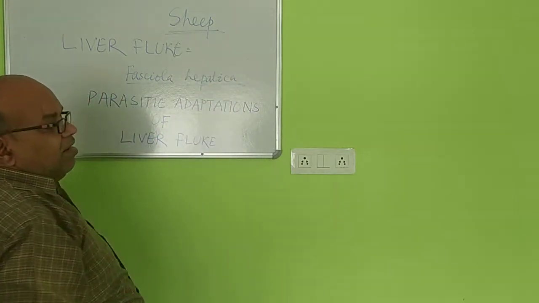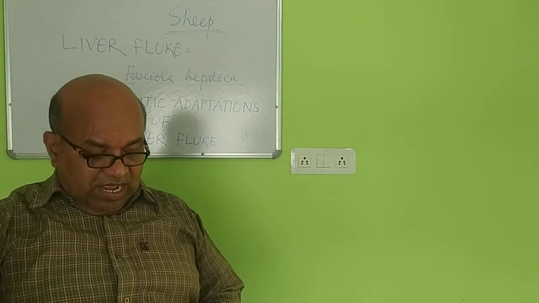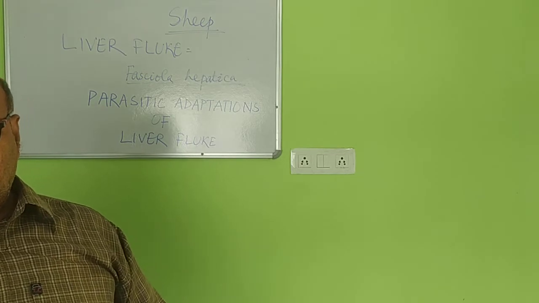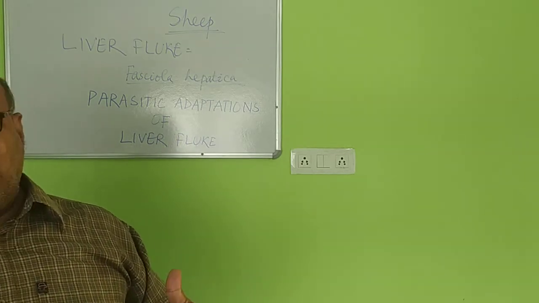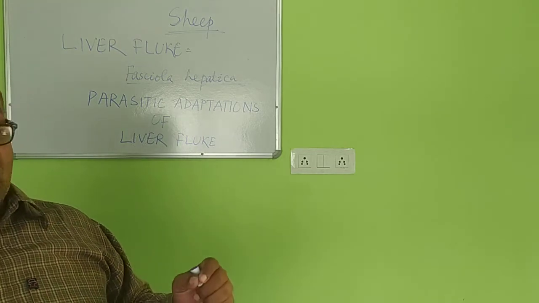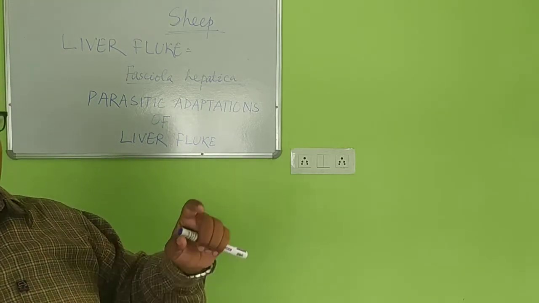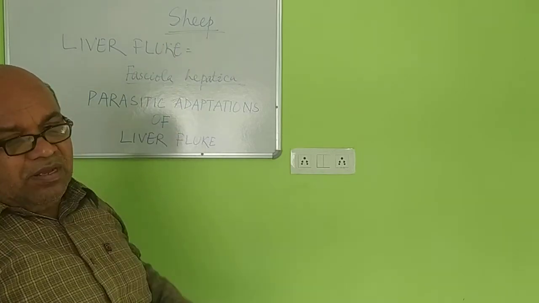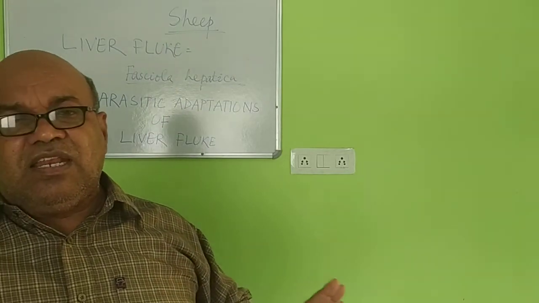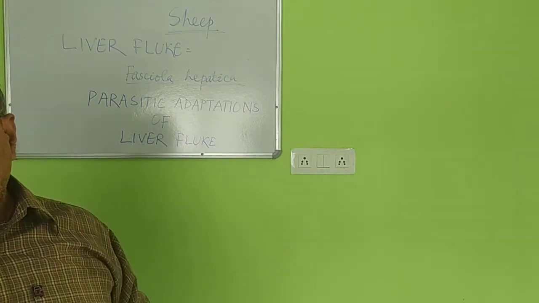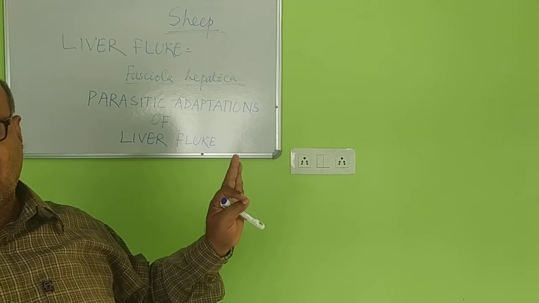In Odia, it is called Mendha, a vertebrate animal belonging to the mammalian class. This parasite remains in the liver of the sheep. The sheep liver is generally infected by this parasite, and that is the final host.